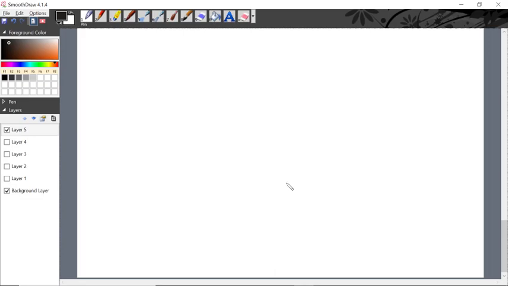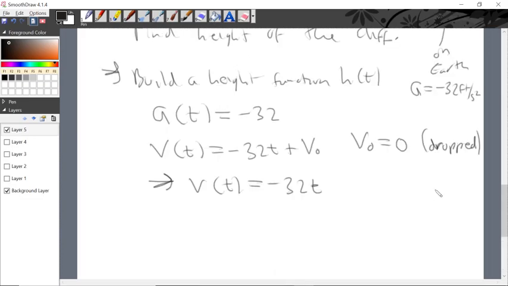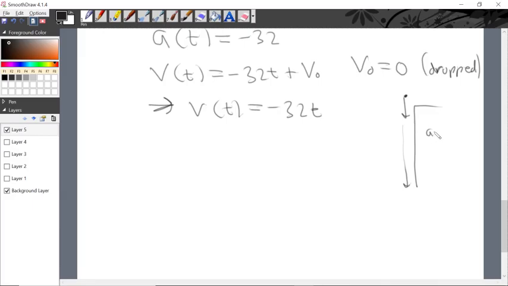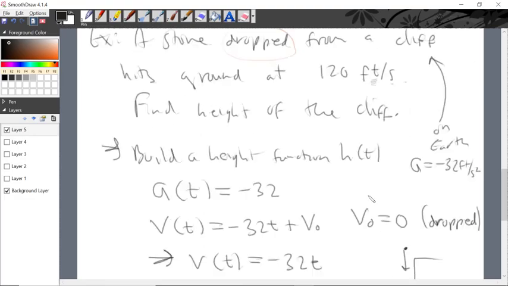Okay, so let's take a look at a diagram here. An object was dropped. It fell down and it hit the ground. It's undergoing the force of gravity, negative 32 feet per second squared. And when it hits the ground, the velocity at the time it hits the ground, well, let's see.